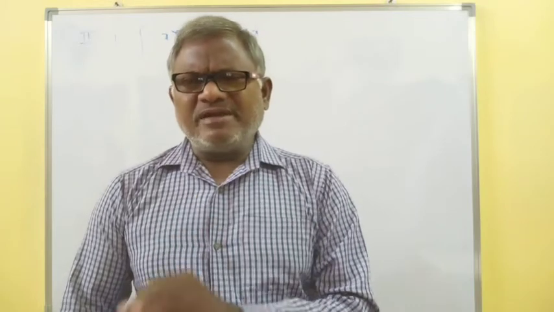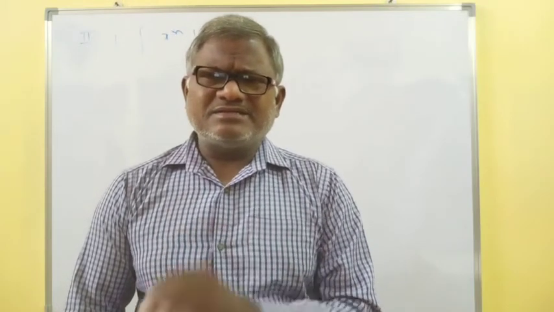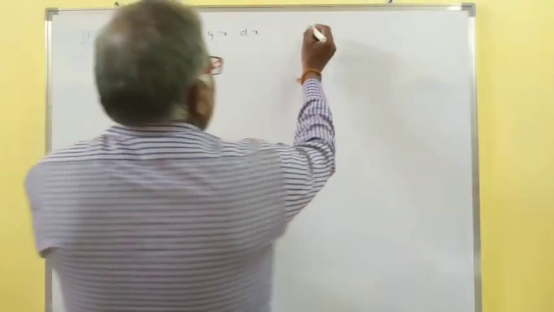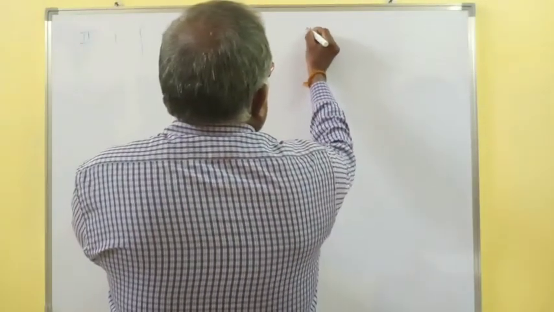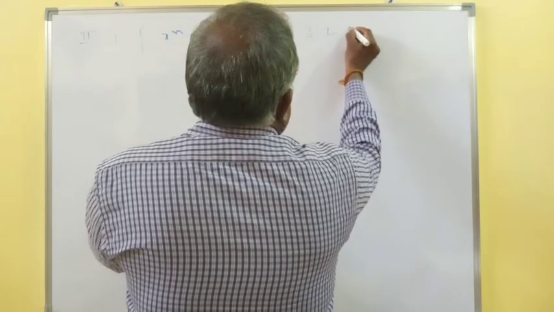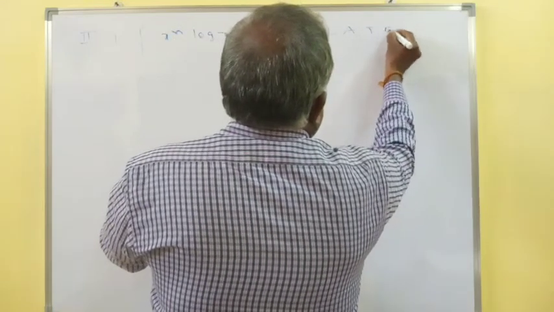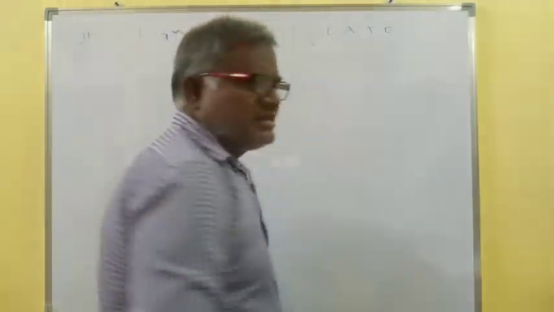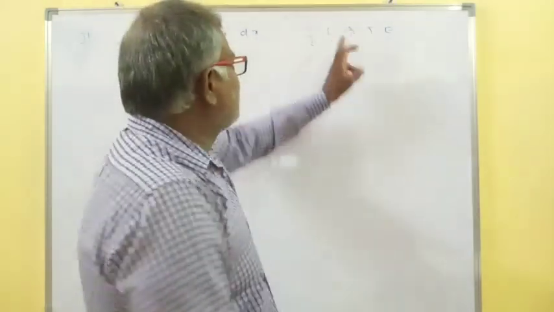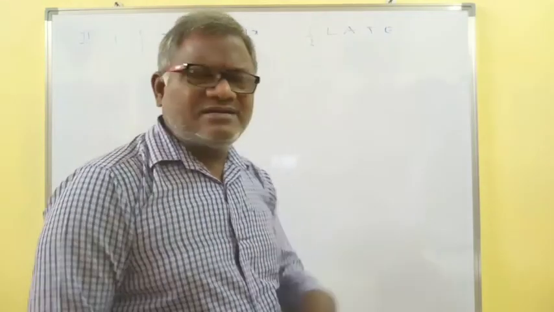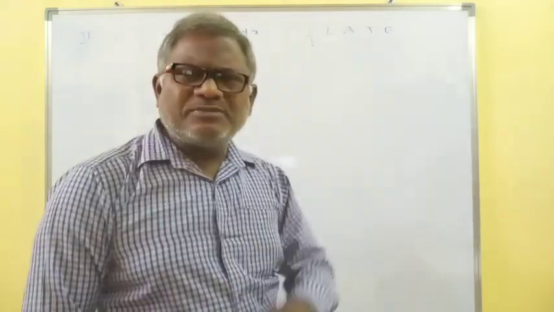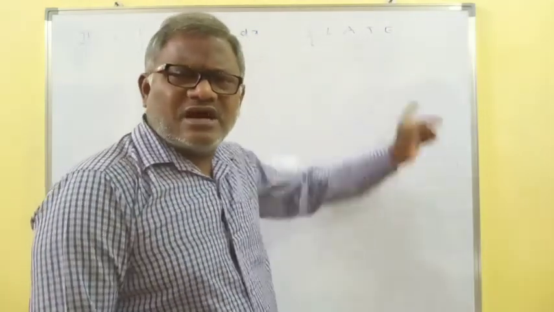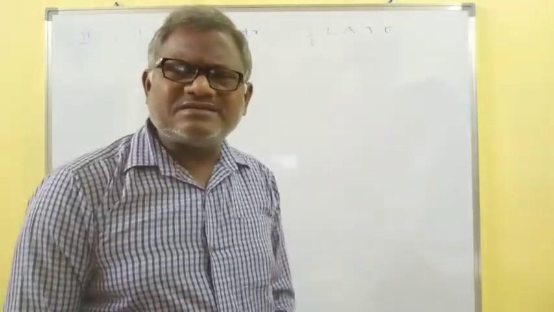That should be selected as per the order of the letters of the word ILATE. In this, I means inverse trigonometric functions, L means logarithmic functions, A means algebraic functions, T means trigonometric functions, and E means exponential functions.